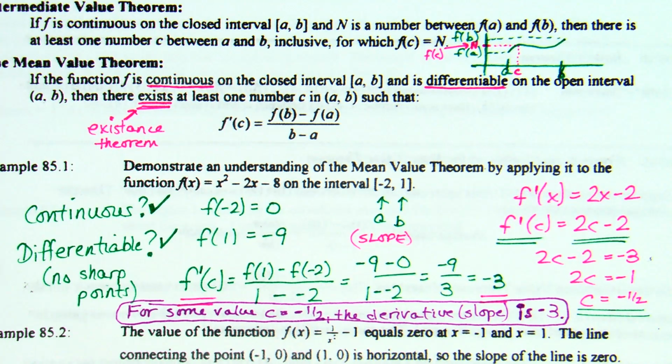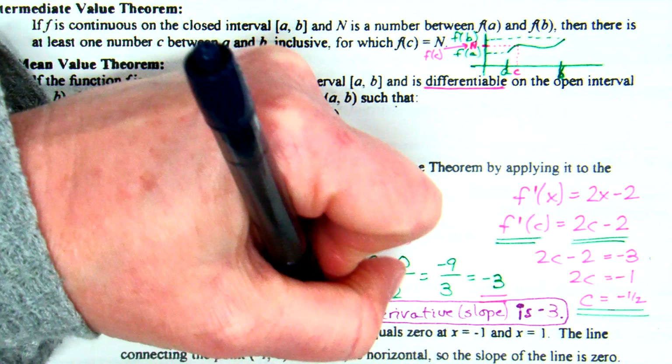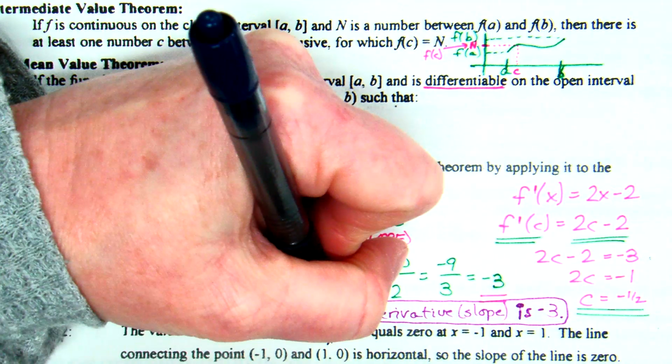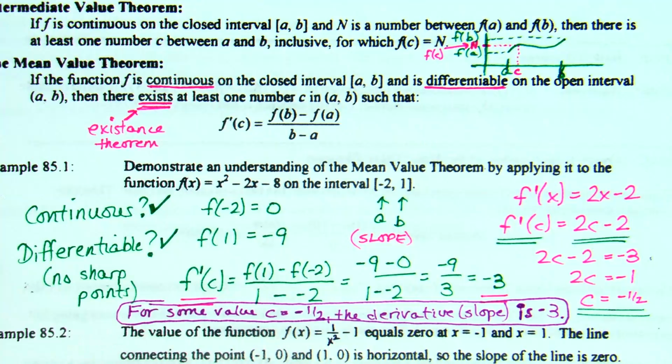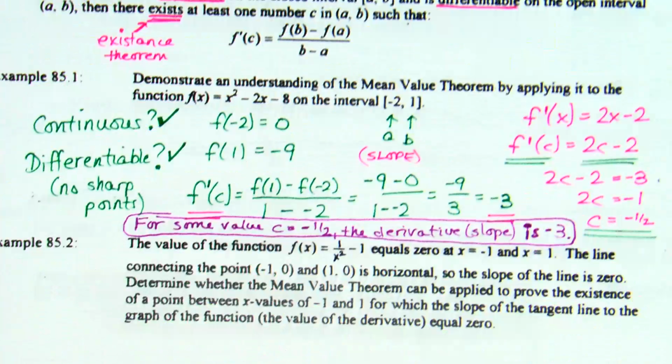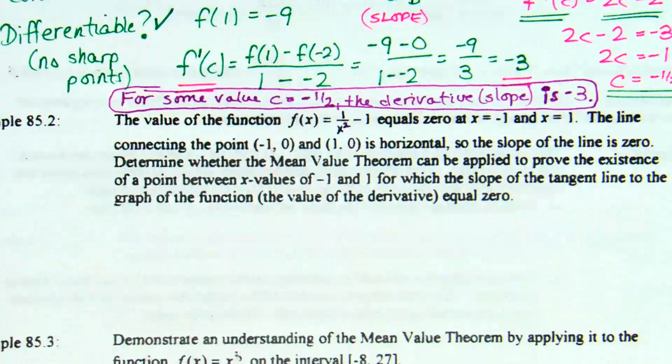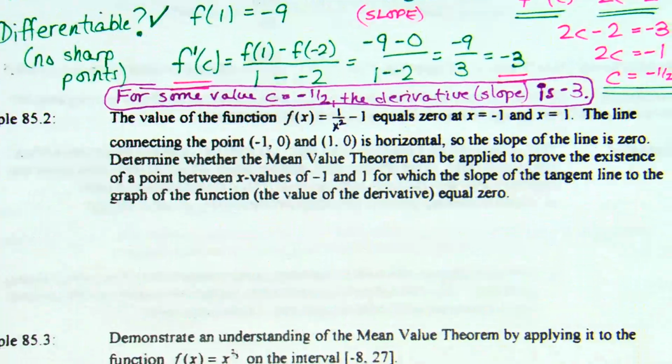Okay, so. Is that a 1/x²? On the next problem, I think it is. Yes, I have it written in darker. The value of the function f of x equals 1/x² minus 1 equals 0 at x equals -1 and x equals 1.